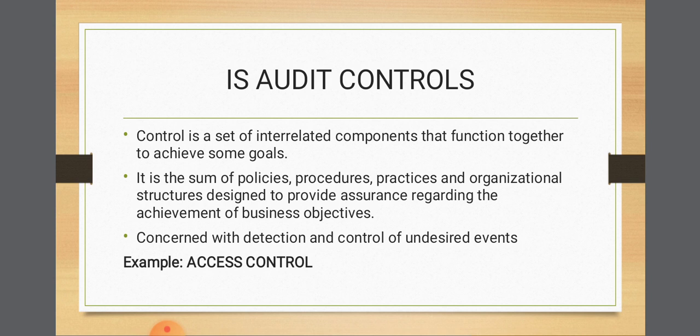For example, access control. What is this? In an organization, and specifically taking the case of banks, there is use of information technology. So if you are using information system audit to check the efficiency of the system in access control, what will you see?